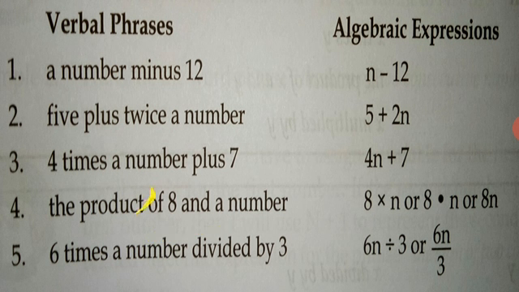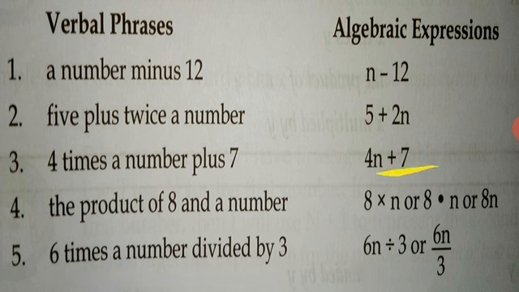Product means multiplication. 8 and a number, so 8 times n. Next is 6 times a number divided by 3. 6 times is multiplication. A number, let's say it is n, divided by 3. So 6n divided by 3. 6 times a number divided by 3.